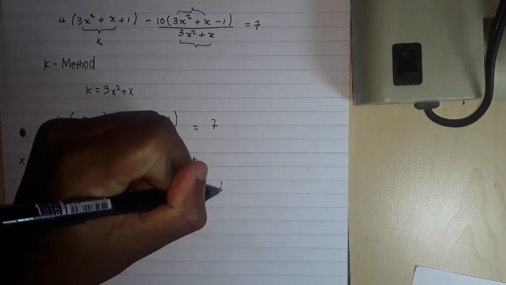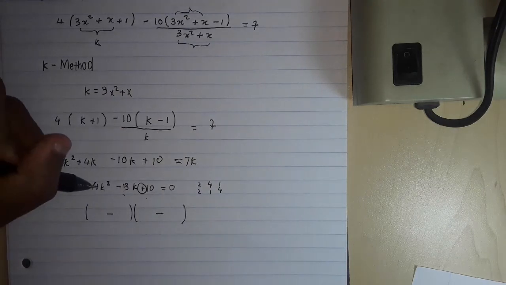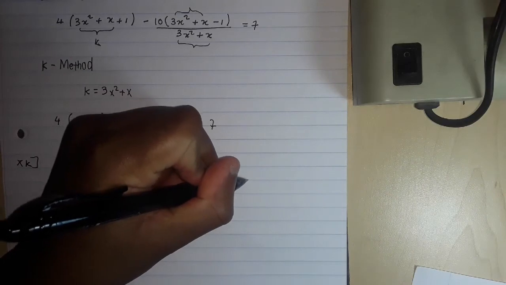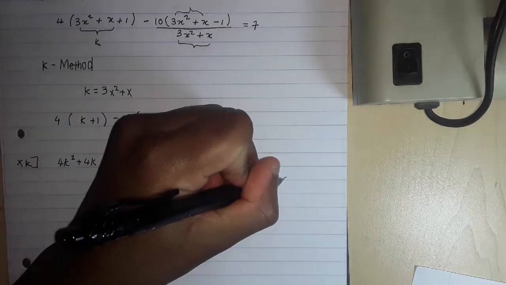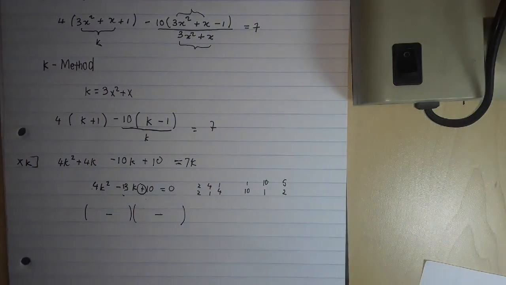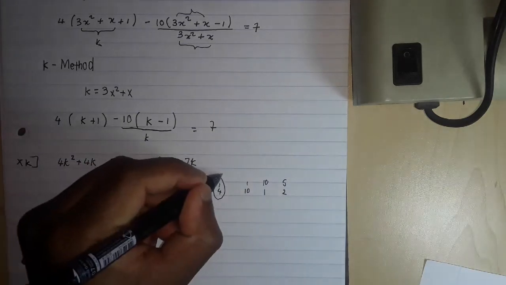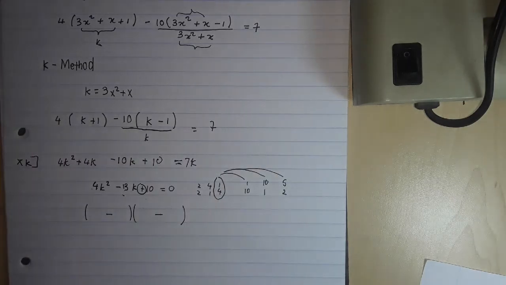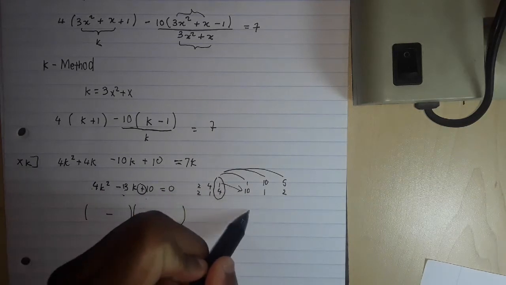So here the factors are 1 and 4, 4 and 1, 2 and 2. That's for 4. And now the factors for 10 are 1, 10, 10, 1, 5, and 2, right? So we're going to start here and go step by step. If we attempt the first one, we're going to do a cross multiplication.